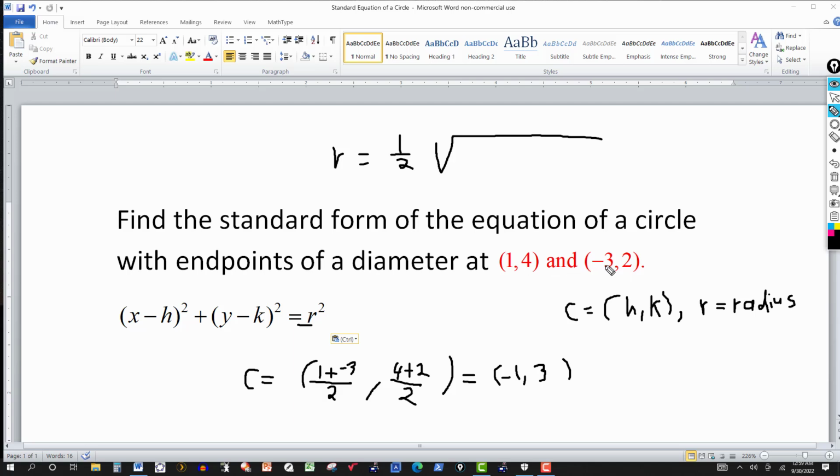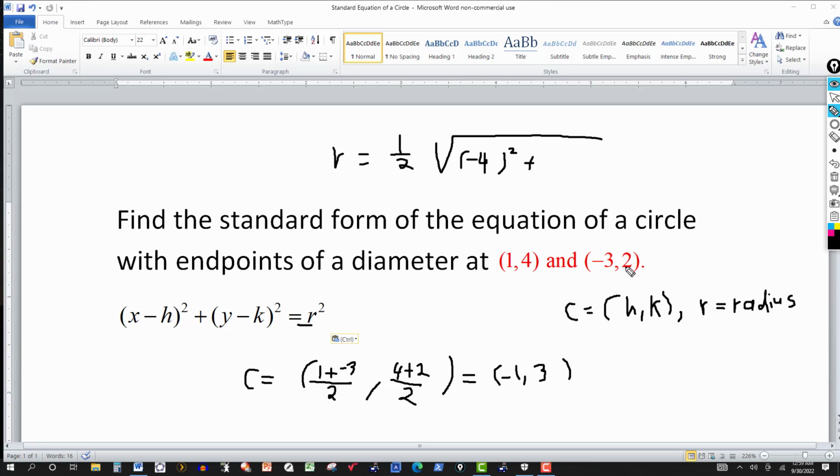So we're going to square these differences. Usually we go second minus the first one on the x's, and the same thing for the y's, and since you're squaring, the order doesn't really matter. Here we go: negative 3 subtract 1 is negative 4, and then you square that.